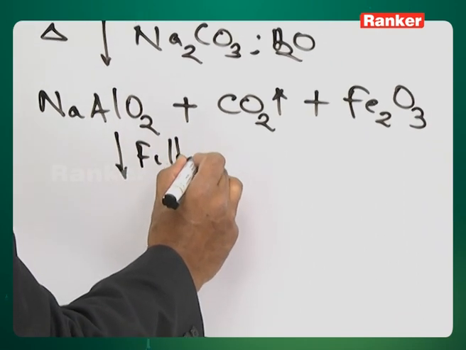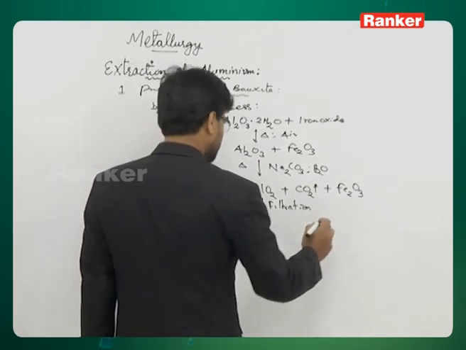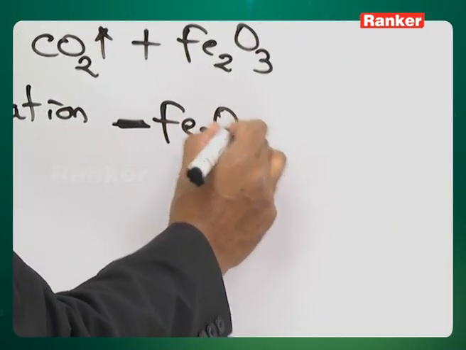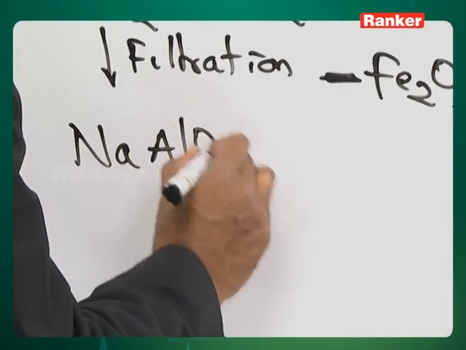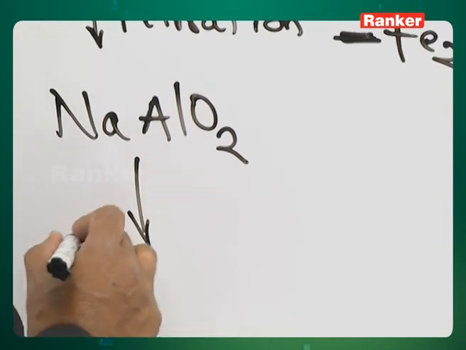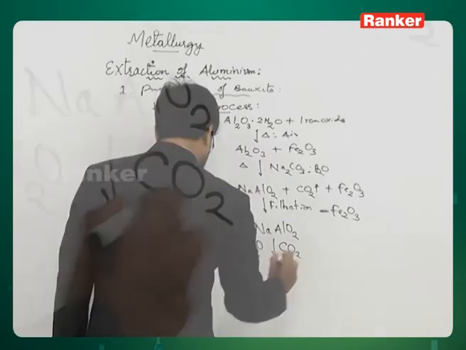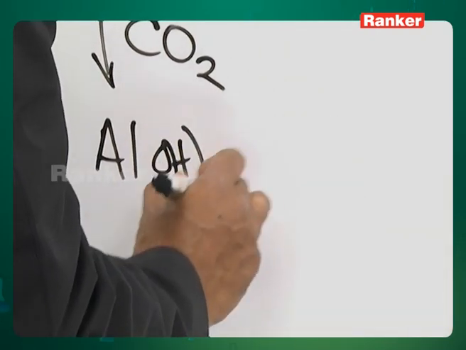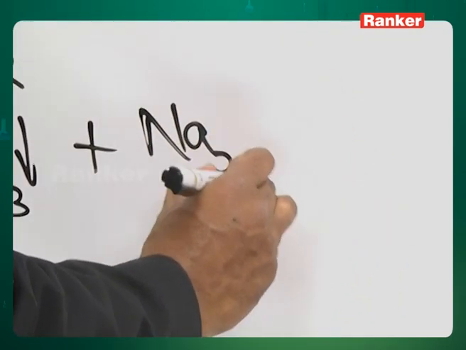Now you do filtration, you get rid of Fe2O3. Now what you have in your hands is NaAlO2. This is then diluted with water and carbon dioxide gas is bubbled. You get Al(OH)3, which is insoluble, and a soluble substance Na2CO3.